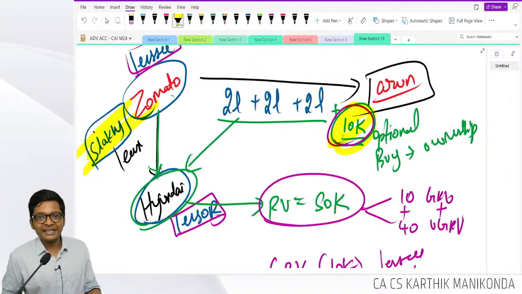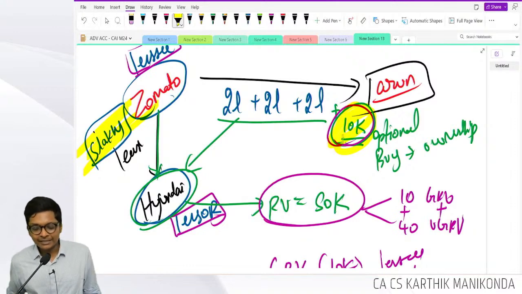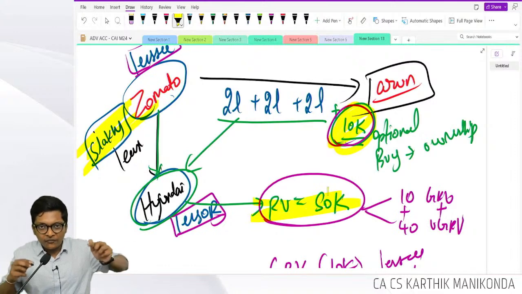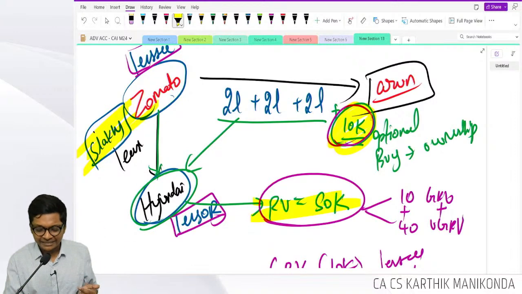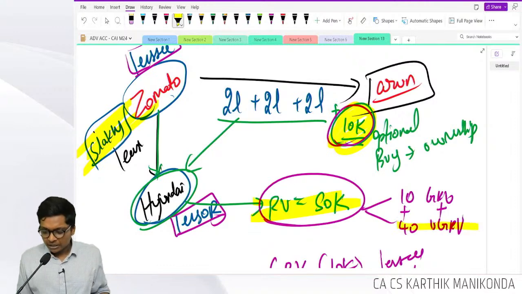If lessee pays, he gets a discount in paying residual value, 10,000 GRV. If he is not paying, Hyundai will sell it and earn residual value. So that component of residual value which he will definitely get is 10,000 GRV. That component that he will not get is 40,000 UGRV.